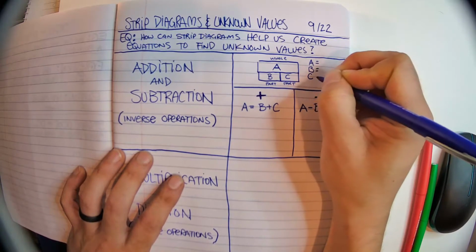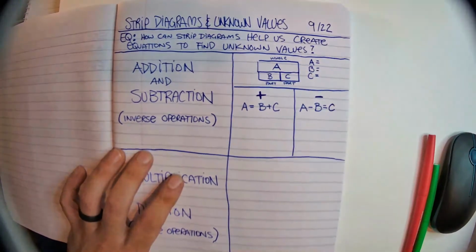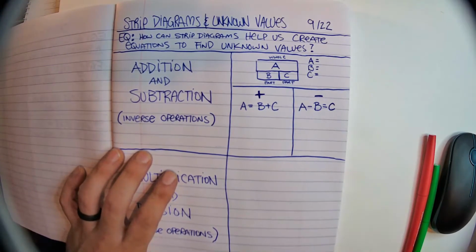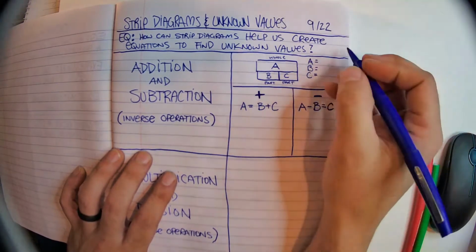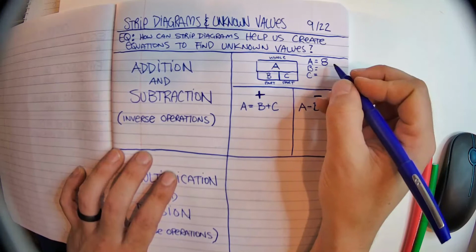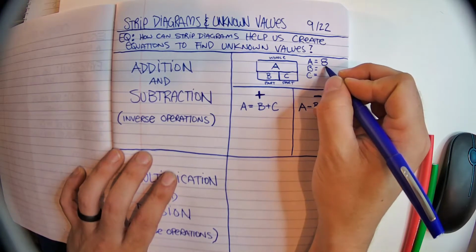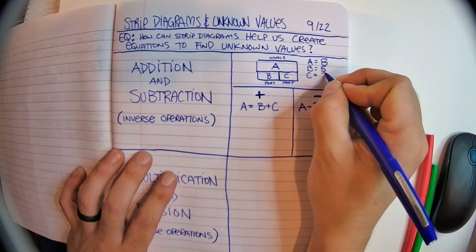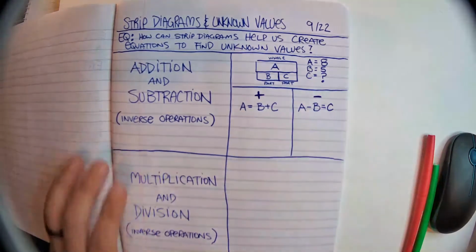So as long as we have 2 out of these 3 values, we can solve for our unknown value. All right, so for this, let's say that A is equal to 8, B is equal to 5, and C is a question mark. We don't know what C is.